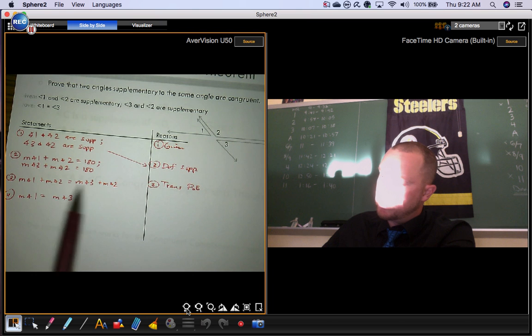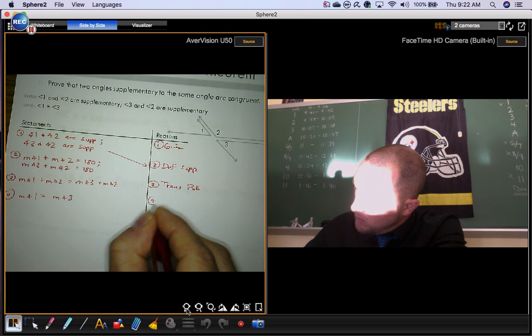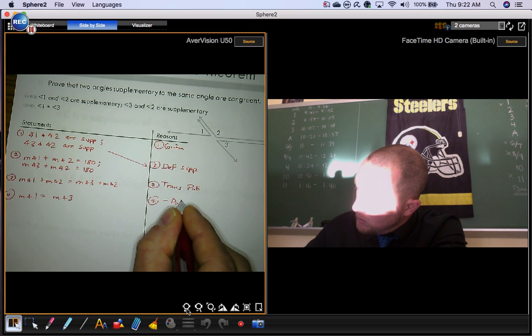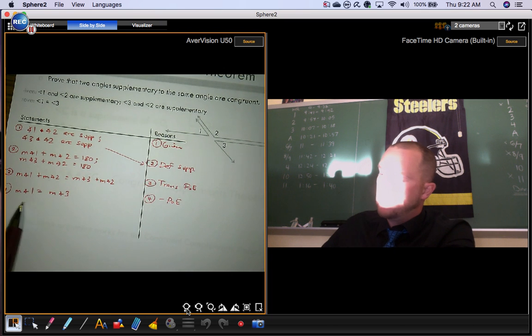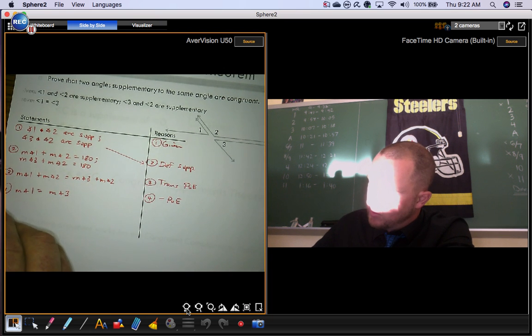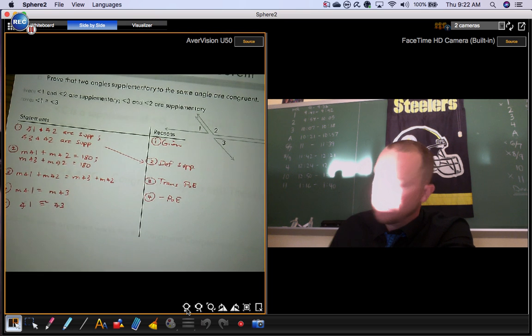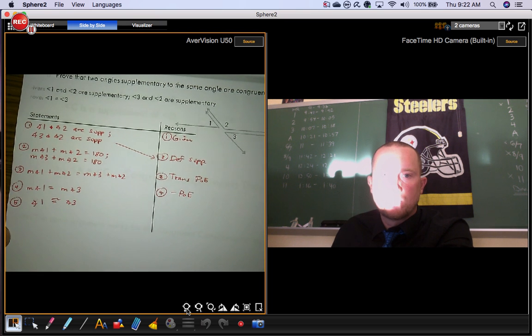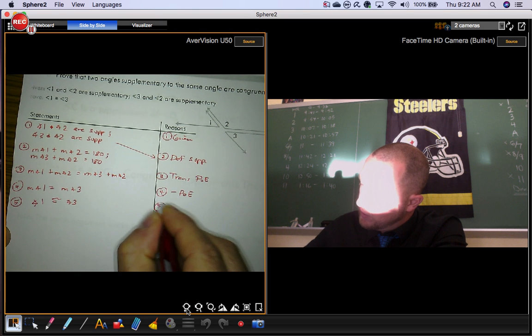All we did was we subtracted the measure of angle 2 from both sides. Now, if two angles have the same measure, doesn't that mean that those angles are congruent? That's your definition of congruence.